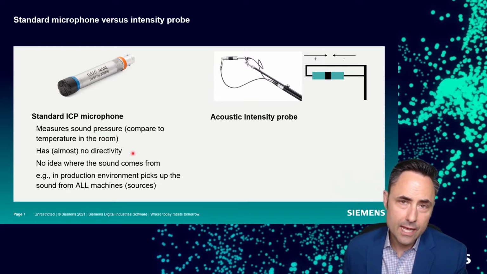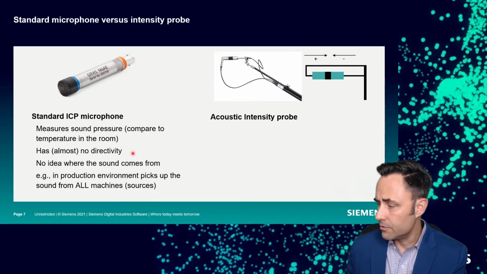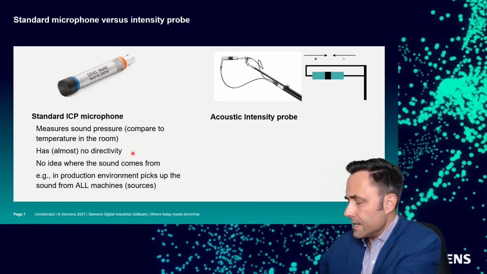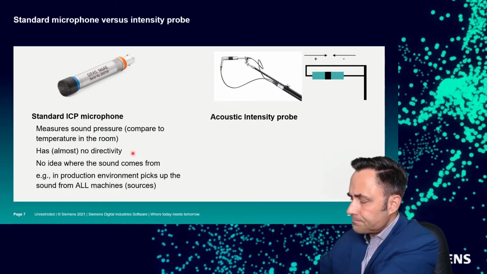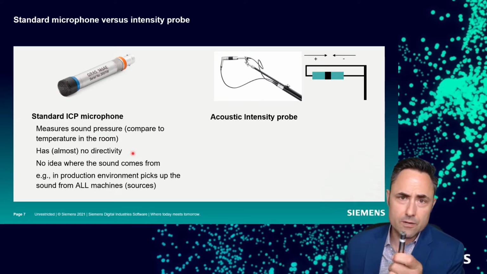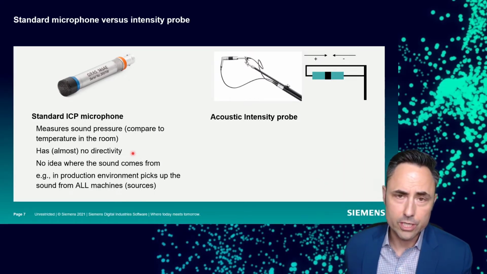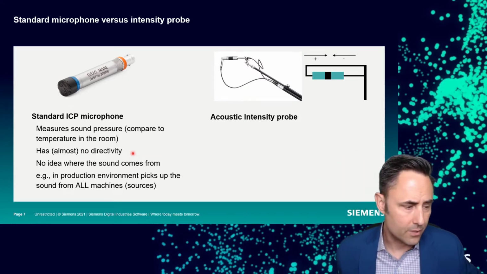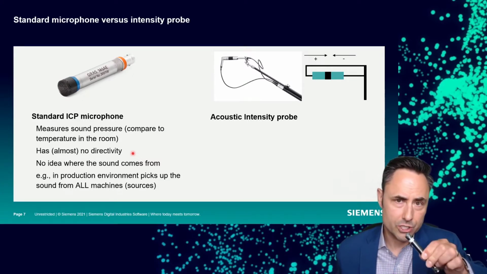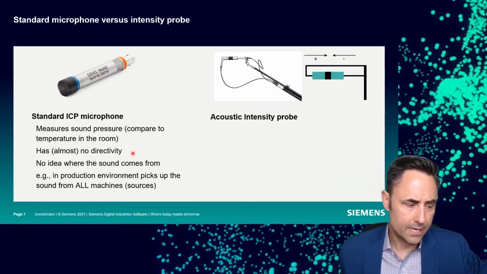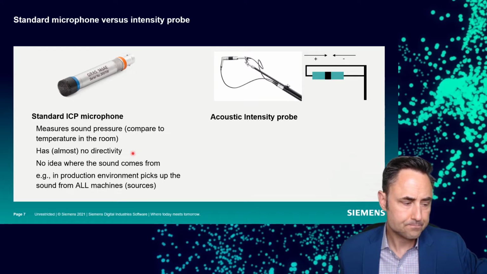And so as a result, we don't have a whole lot of an idea of where the sound we're picking up on this microphone comes from, right? I've got one sitting right here. We've just got this microphone, and the sound pressure waves could be coming from any direction. We don't really know where they're coming from. We just know what the pressure is right at the diaphragm of this mic, right?